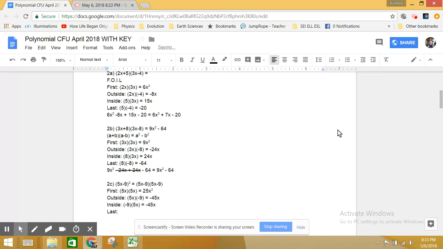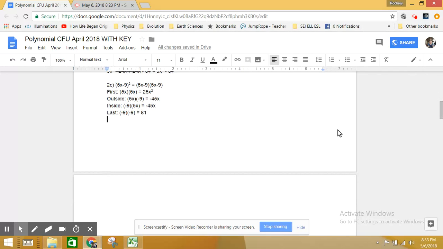So I'm just going to end up taking my inside or my outside and doubling it, because I'm adding two of the same thing together. That put together is going to be negative 90x. Then I'm going to have negative 9 times negative 9. The negatives will cancel out. That's negative 9 squared, so that's going to be positive 81.